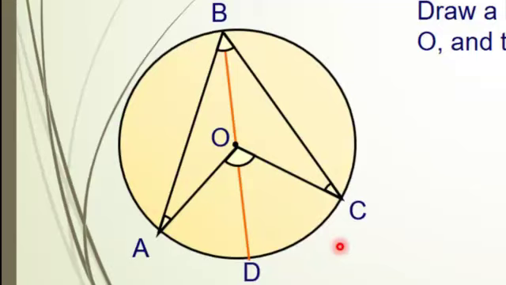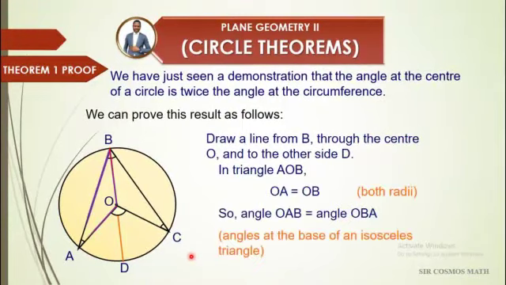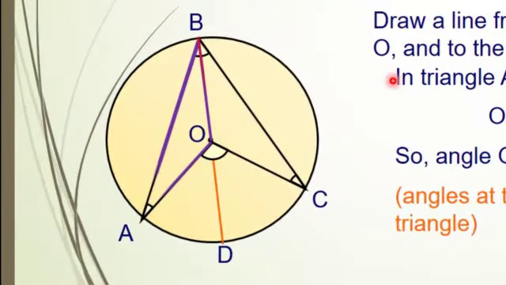Now we know that in triangle AOB, line OA is equal to line OB.